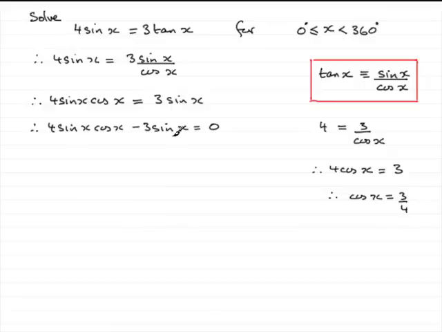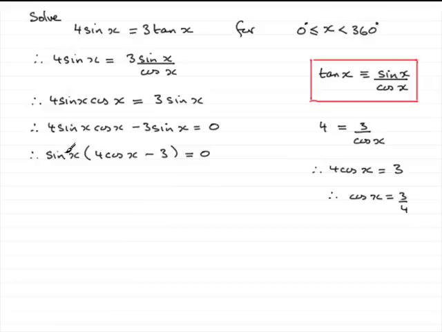And then what we do is we factorize. We pull out a common factor, and that common factor is going to be sine x. So if we pull sine x out as a common factor, we're going to have 4 cos x minus 3, and this equals 0.